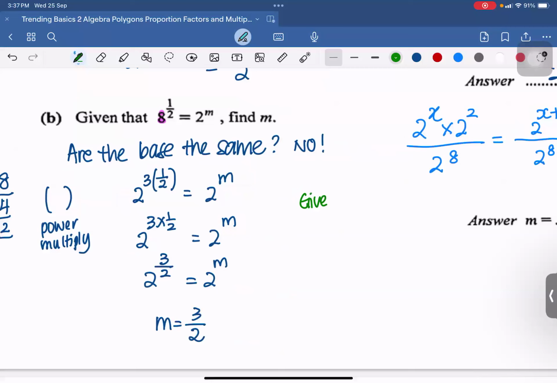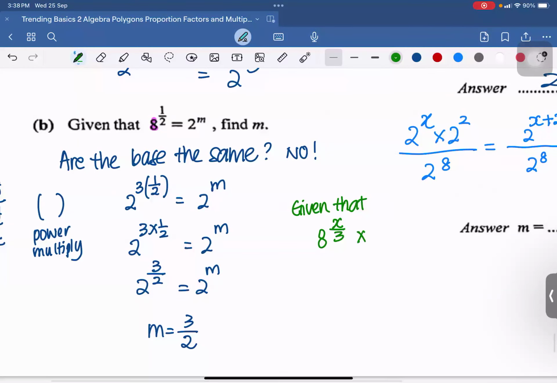Given that, I try to involve algebra inside the question: 8 to the power of x over 3 times 2 times 1 over 2 equals 2 to the power n.